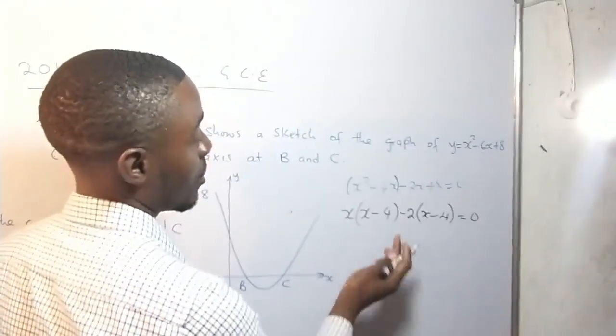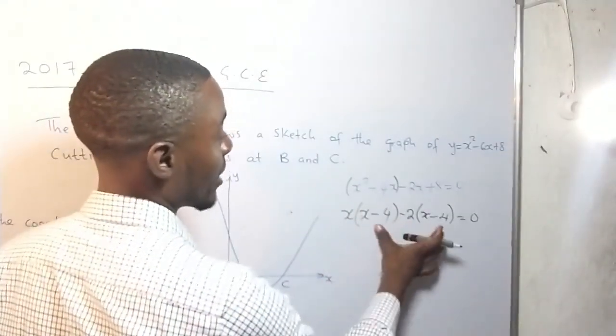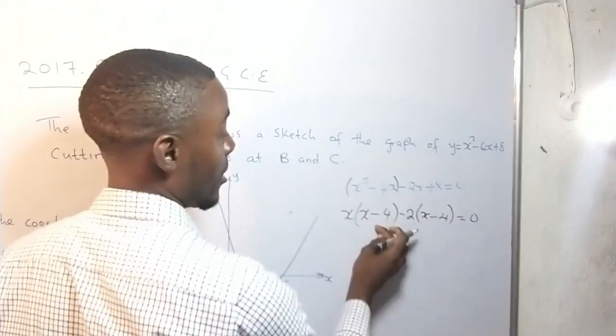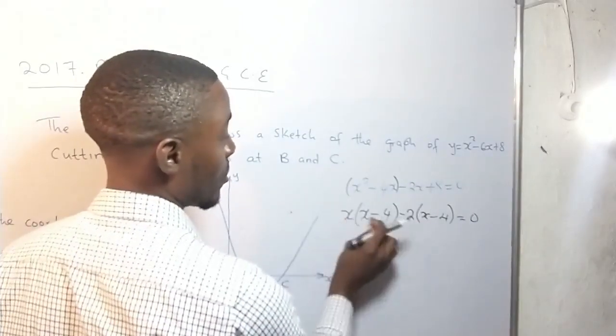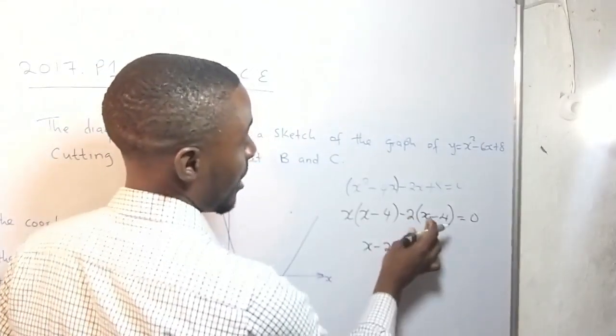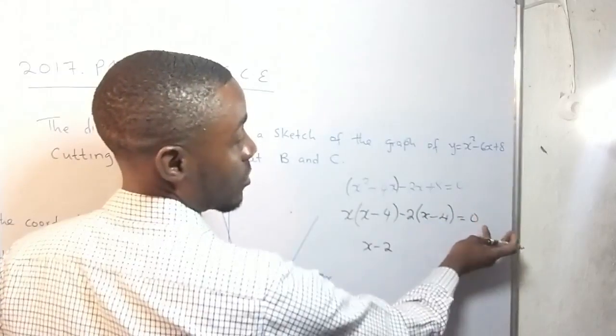At this stage, you pick one of the common brackets and collect what is outside. So we have x minus 2. Remember, all this is equated to 0.